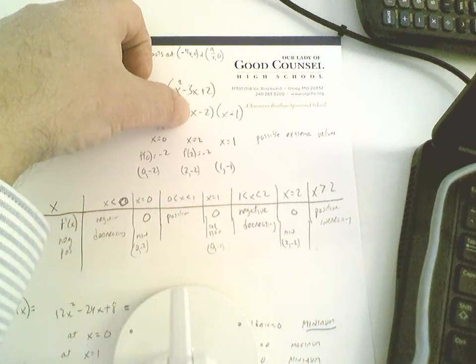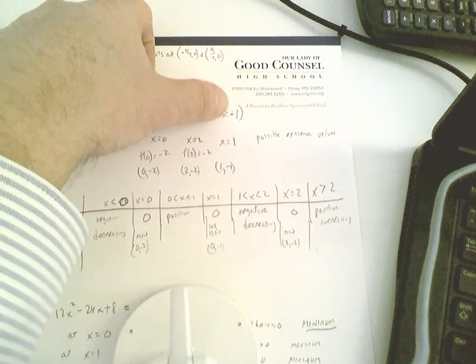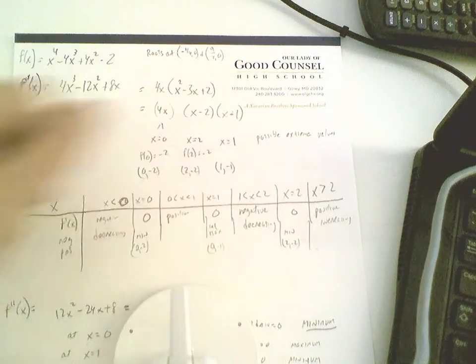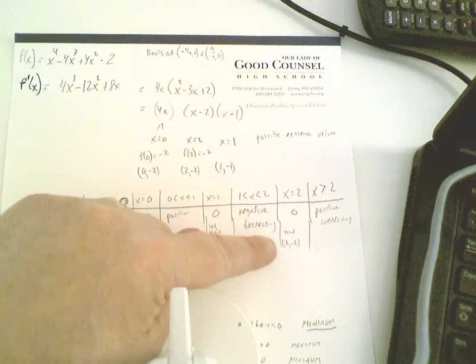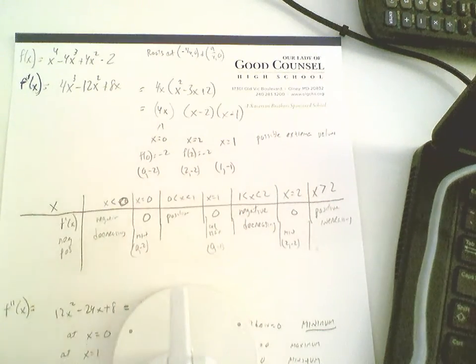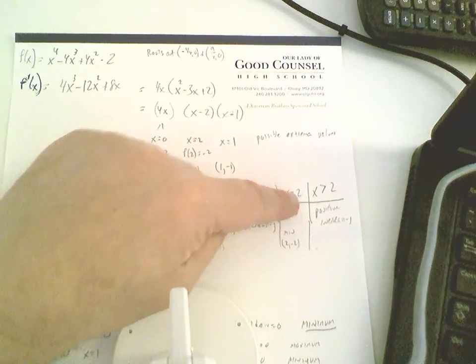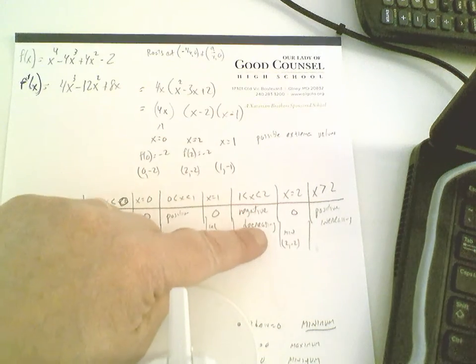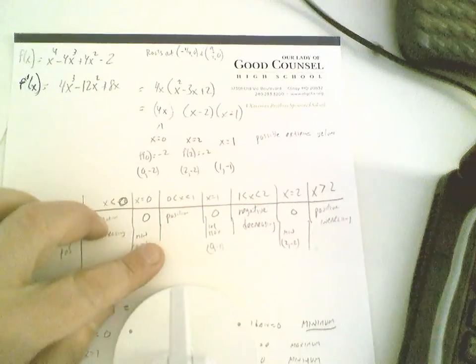X minus 2 is negative. X minus 1 is positive. I have 2 positives times a negative. I'm going to get a negative number. My function is decreasing between here. And so very quickly, that tells me, when x equals 2, that lovely point 2, negative 2, it's a minimum. I was decreasing on one side. I'm increasing on the other side. I have to have a minimum here.